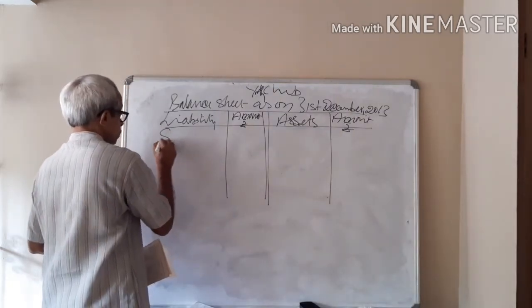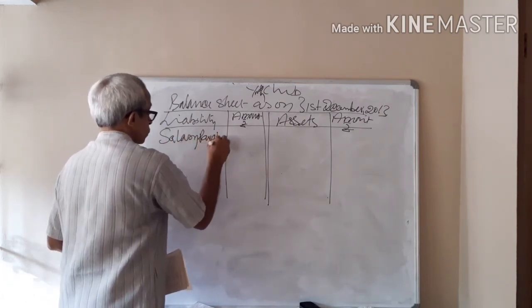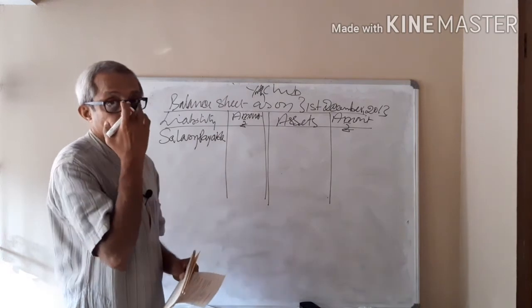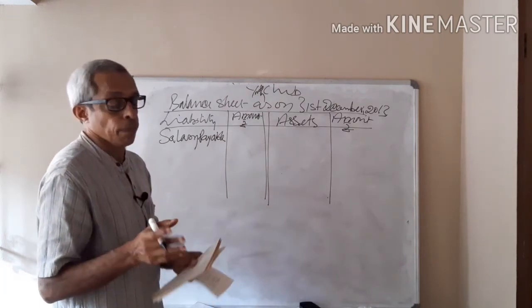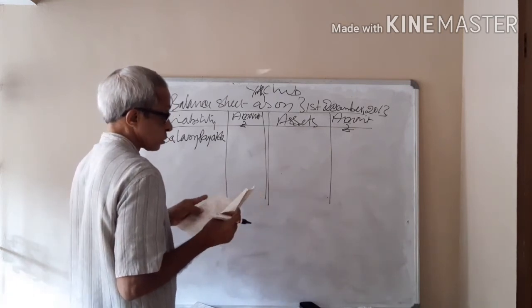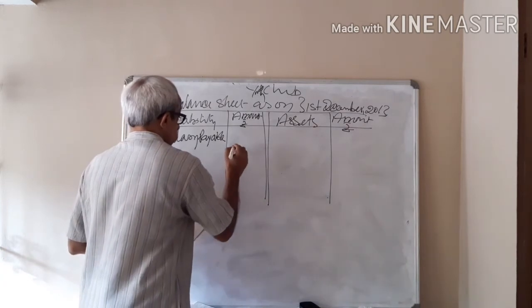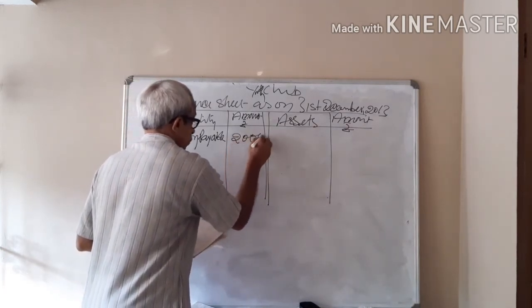First item is salary payable, that is salary due but not paid, that is salary outstanding, that is 1,000. Sorry, it is not 1,000, it is 2,000, very sorry.